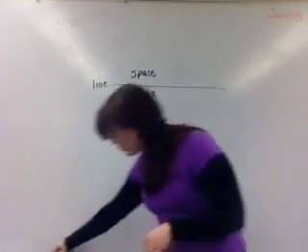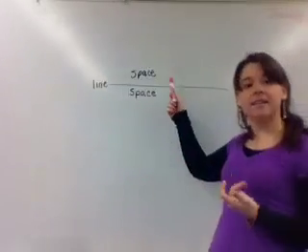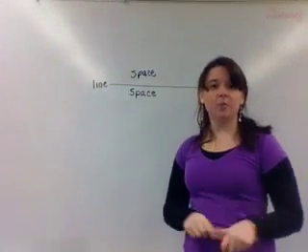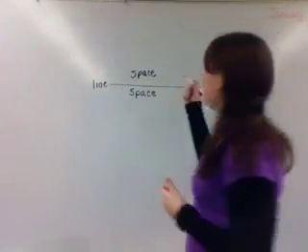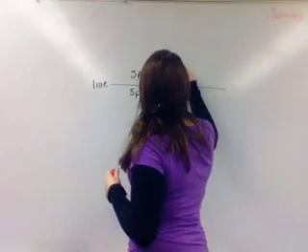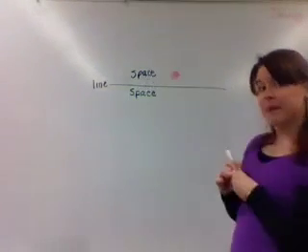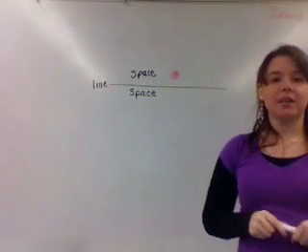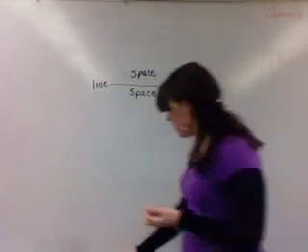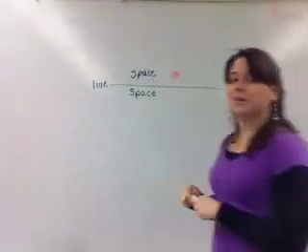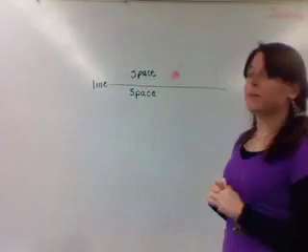Now in music we use these things called lines and spaces to put our notes. Now if I drew a note right up here, do you think I would call that a space note or a line note? A space note. Why? Because it's hanging out up here in the space.